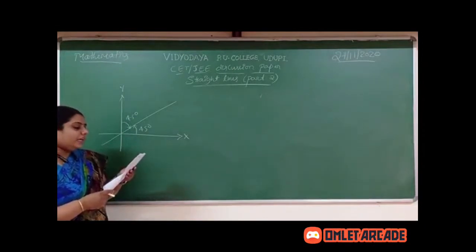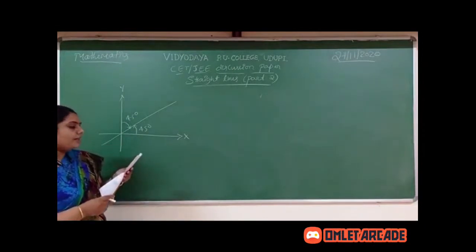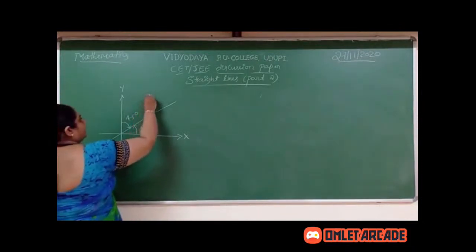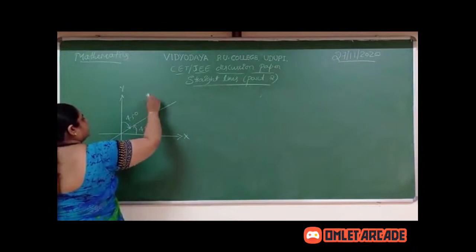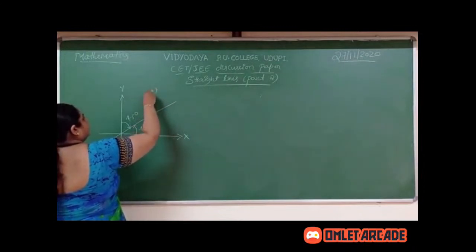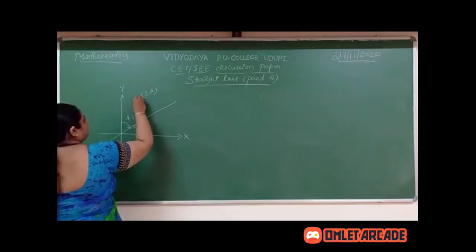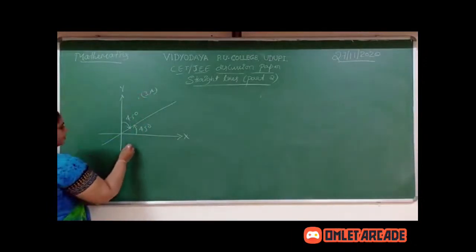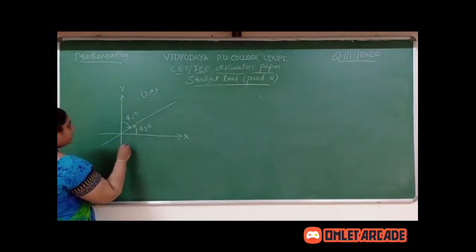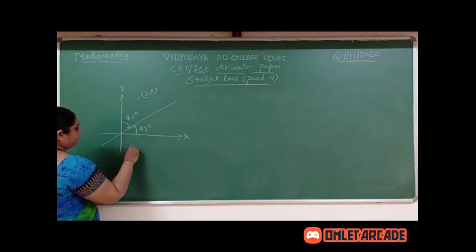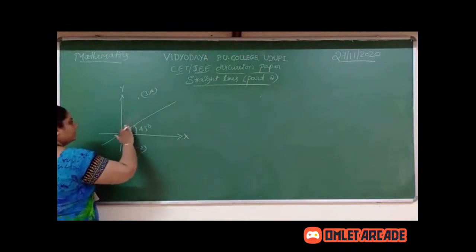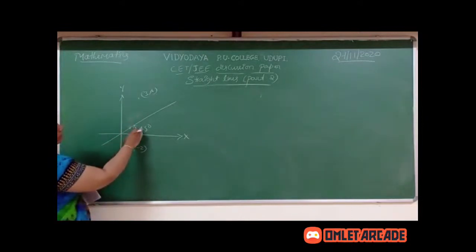Next, and equidistant from the points (1, -2) and (3, 4). Imagine somewhere here you have the point (3, 4), and one more is (1, -2). (1, -2) means negative y-axis, somewhere here. Let me draw neatly.